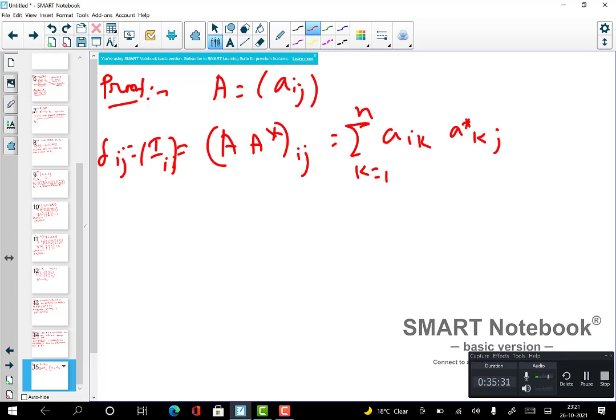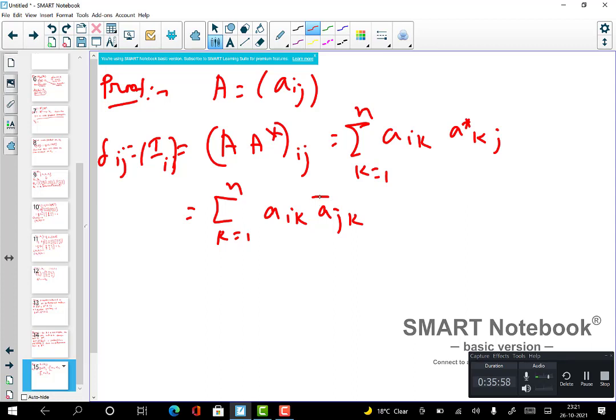So this is the sum over k equal to 1 to n of a_ik and a bar jk. This is exactly the multiplication of the rows of A with the conjugate transpose.